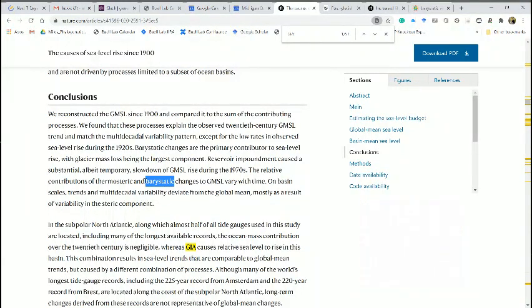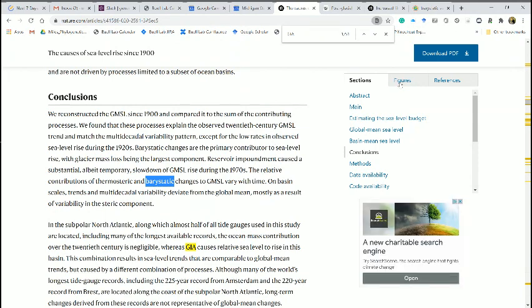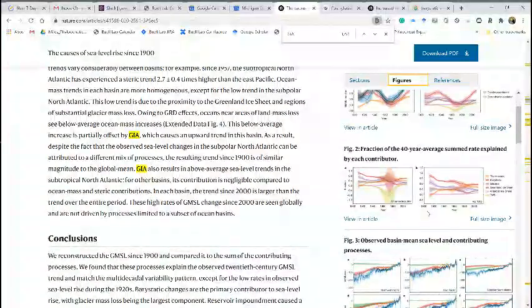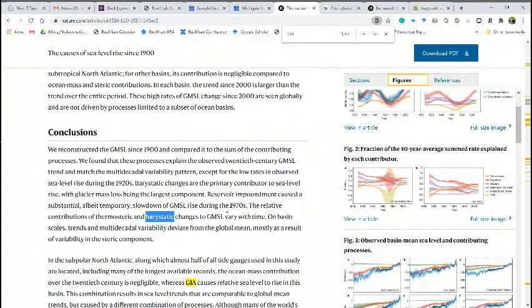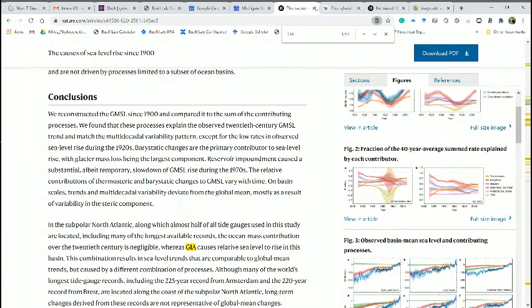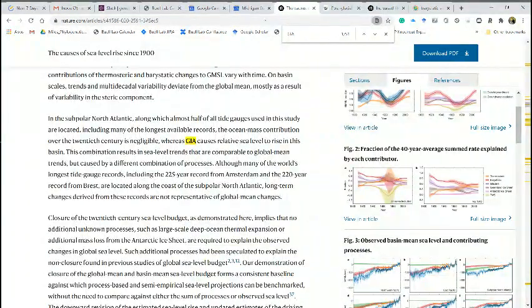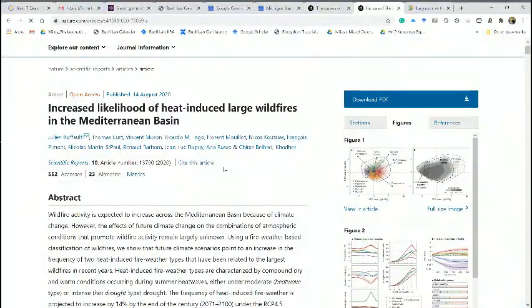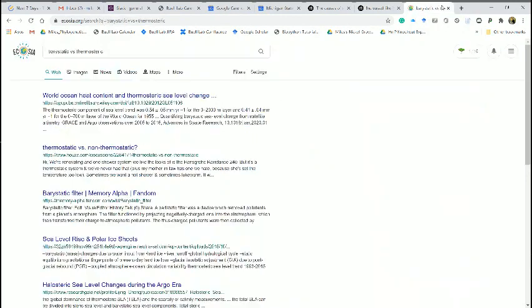So I would be expecting the contribution of barostatic changes to decline over time. Just kind of what we saw in this plot over here. But that's just a guess. I'm not entirely sure. Climate science is definitely not something I've studied in much depth.